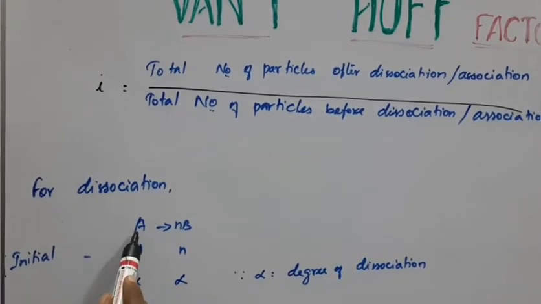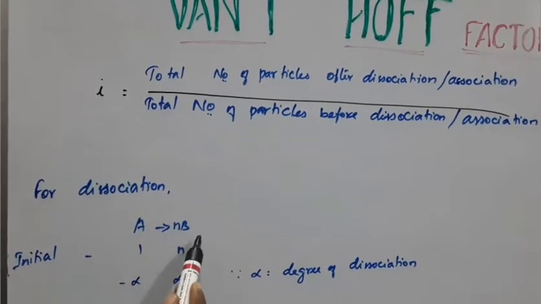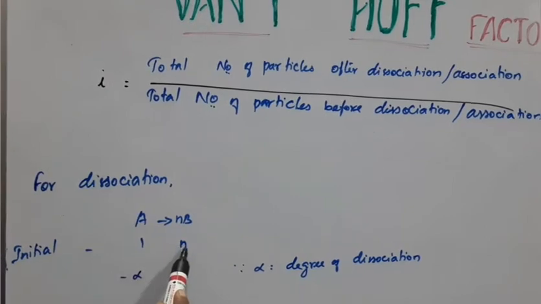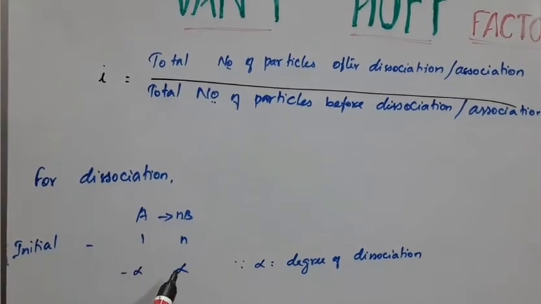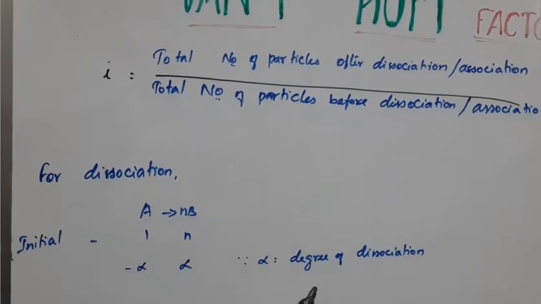1 mole of A gives n moles of B. Initially it is 1 mole, and it is converted to give n moles of B. Here alpha means degree of dissociation.